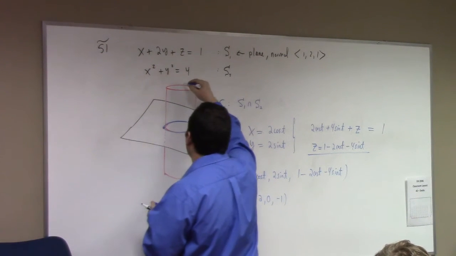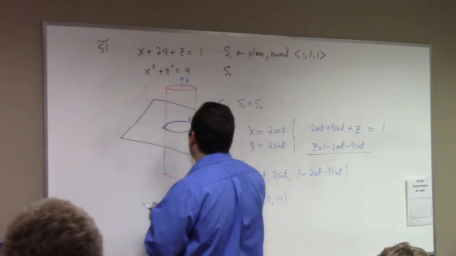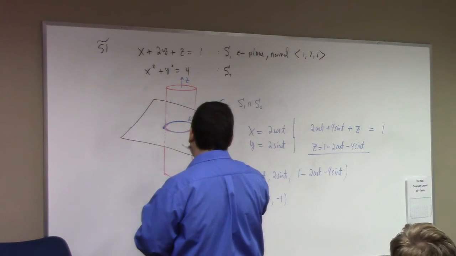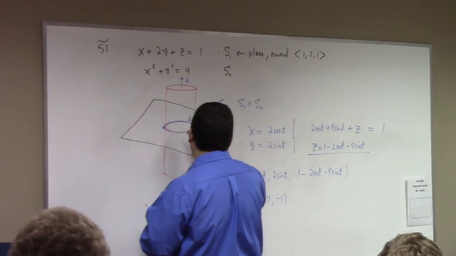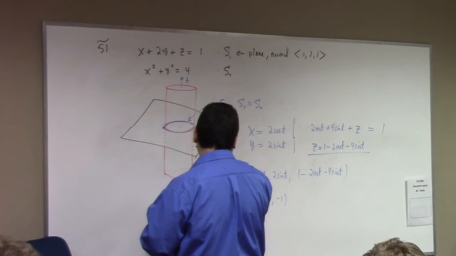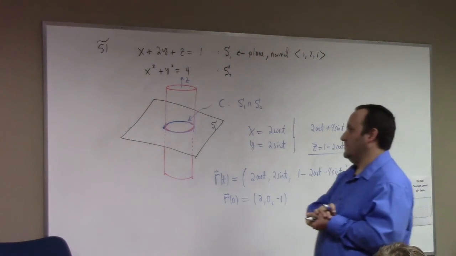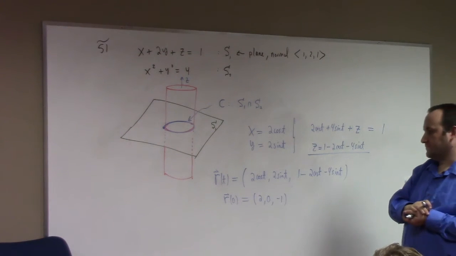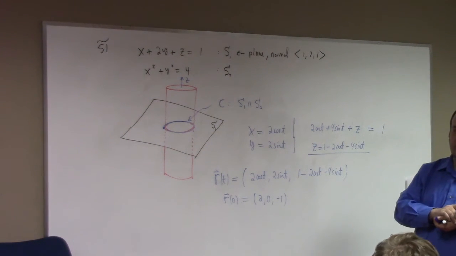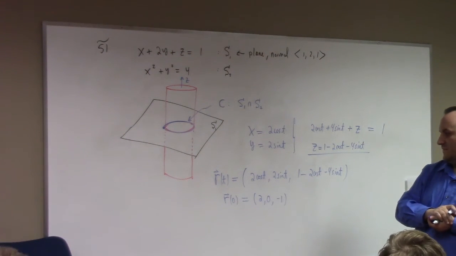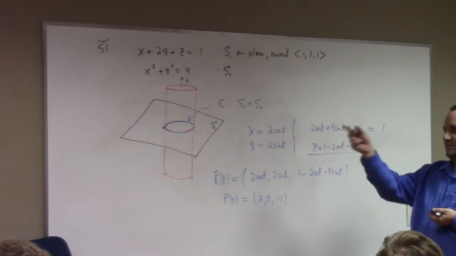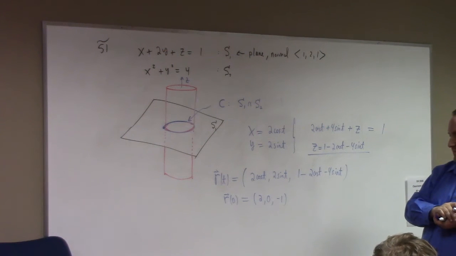If I use my usual, this is the z direction. Maybe it's that point. It's in the y equals 0 plane. x is 2 there, z is minus 1. So it could be in my picture that point, in principle, right?